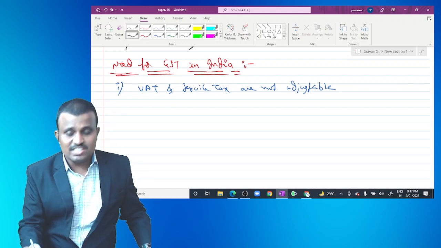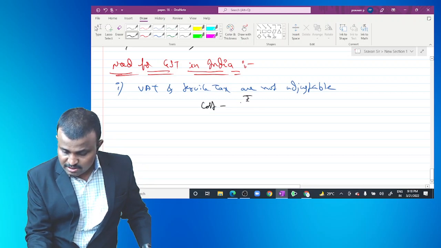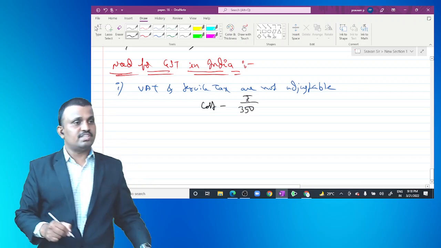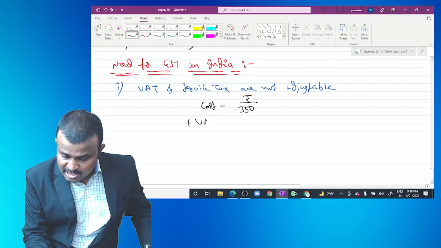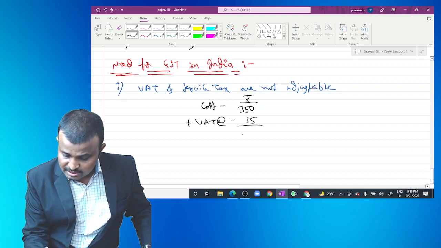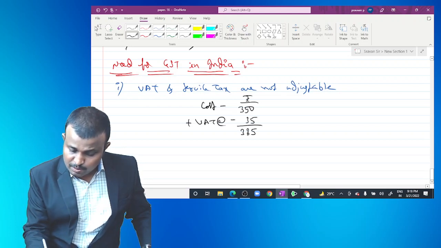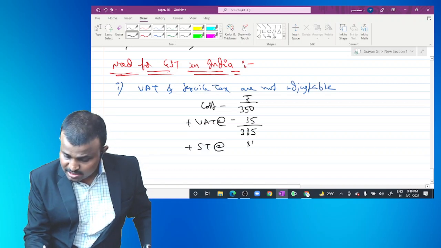For example, you purchase the biryani. So cost of the food is 350. On that product they impose what? VAT. For example, 10%, 35, 385 rupees there. Again they levy what? Service tax at 10%, 38.5 is there.